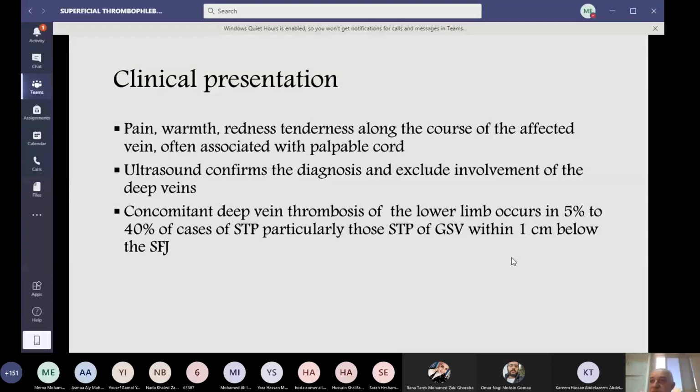This risk increases according to the site where the superficial thrombophlebitis reaches. If it is within 1 centimeter below the saphenofemoral junction, the patient is at higher risk of extension into the common femoral vein and DVT, with the risk of pulmonary embolism.